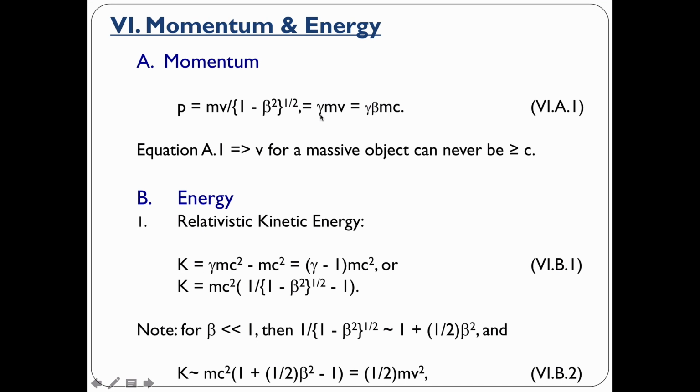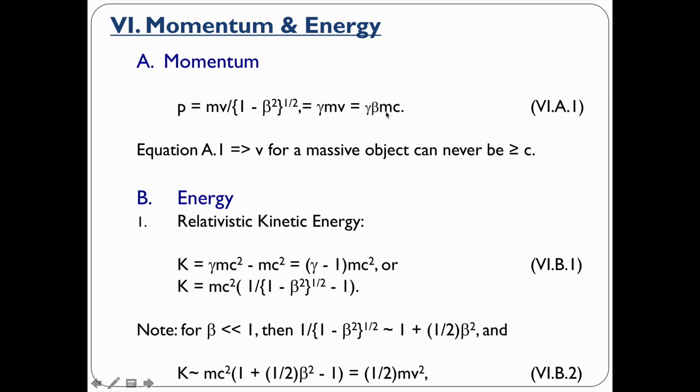That's just equal to gamma, if you remember that gamma is 1 over the square root of 1 minus beta squared, times mv, or another way to write it would be to pull out this v and have gamma beta times mc. The reason why we like this is because of where this heads for energy.